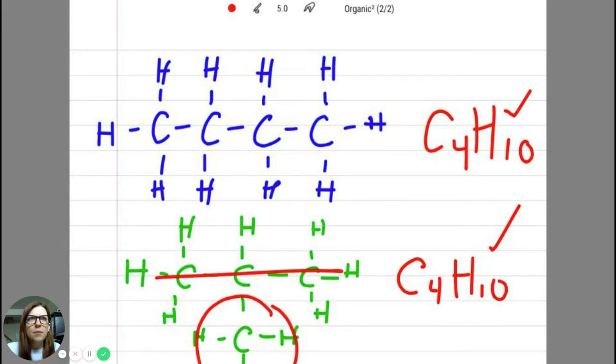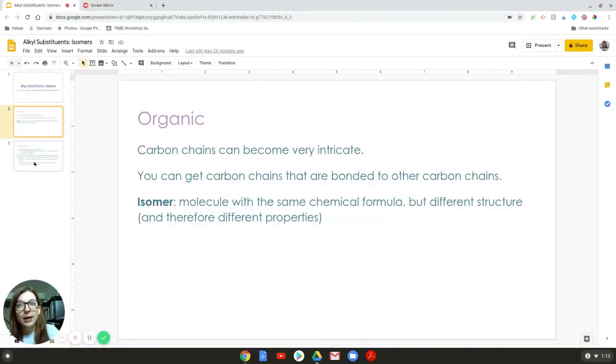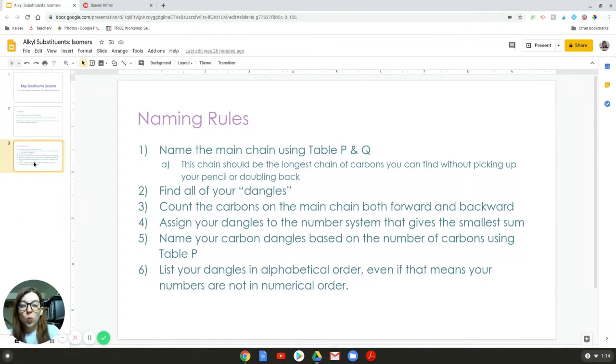So these guys are going to be named a little bit differently because they are not a straight chain. So that's basically what's happening in this lesson, is the different ways to name stuff when it's not just a straight chain. So these are the rules. I think it's far easier to learn this by practice than by a list of rules, but here's the list if you're a list person.